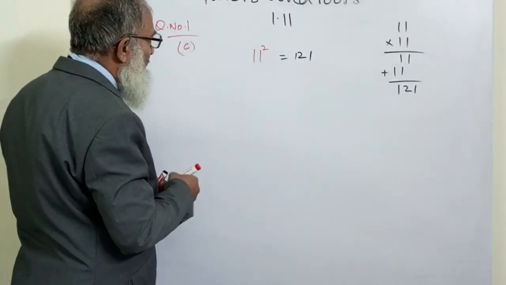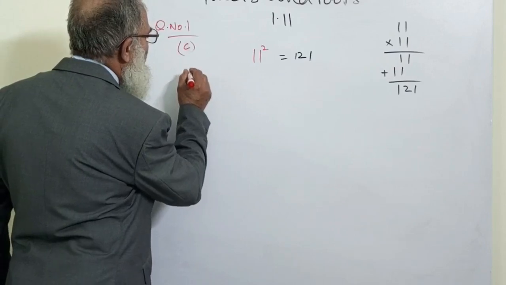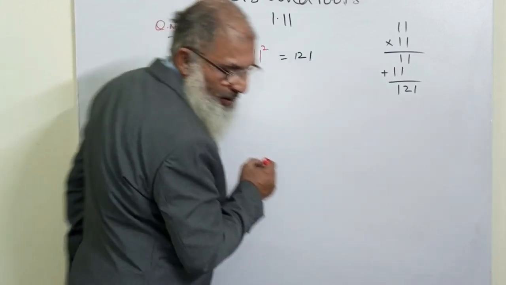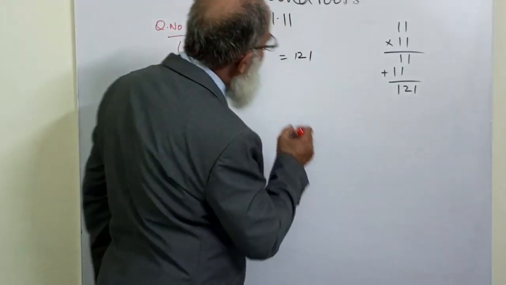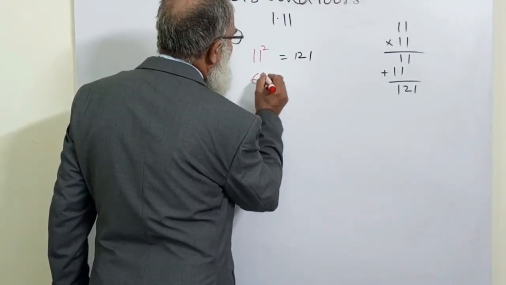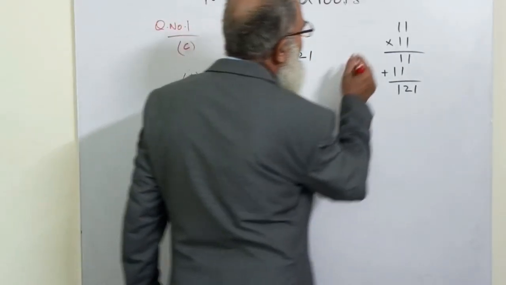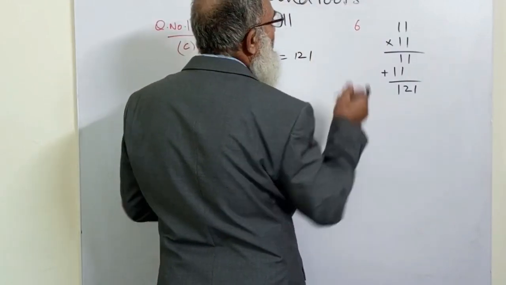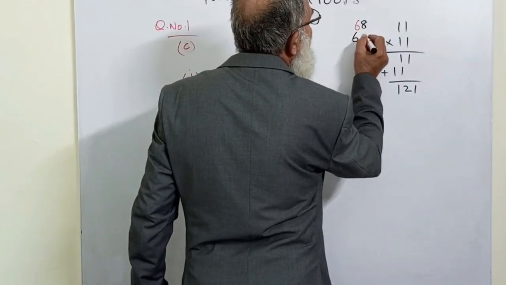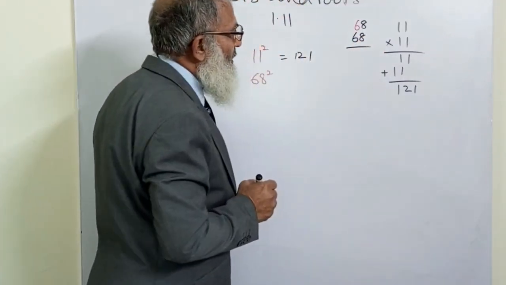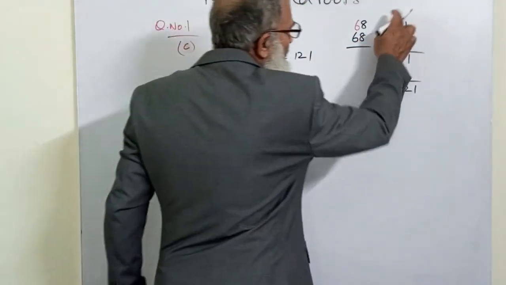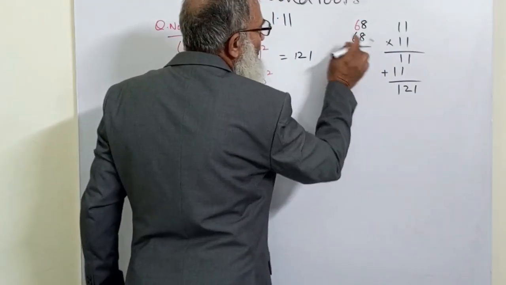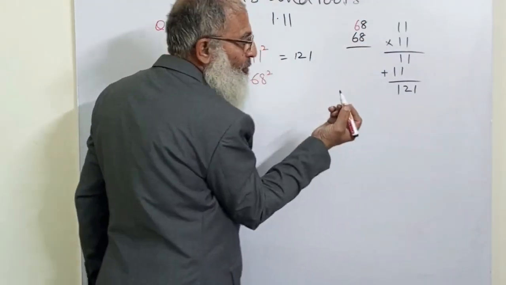That's part J, and that is 68 square. Again, what we do here is write 68 up and down. These were all the same numbers, but now you will understand how I am going to multiply.